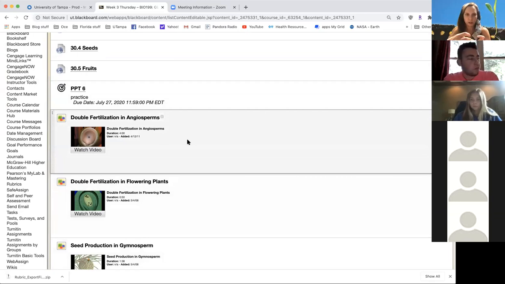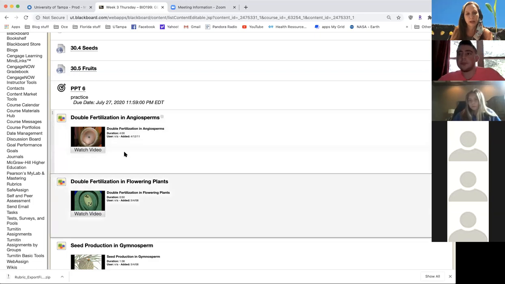In the flowering plants, there is the actual fertilization, which leads to the growth of the sporophyte stage in the plant, and there's also the fertilization of the endosperm, which is the nutrition that helps to support the developing seed. So it's a little hard to wrap your head around, and these videos in two different ways help you see the differences.